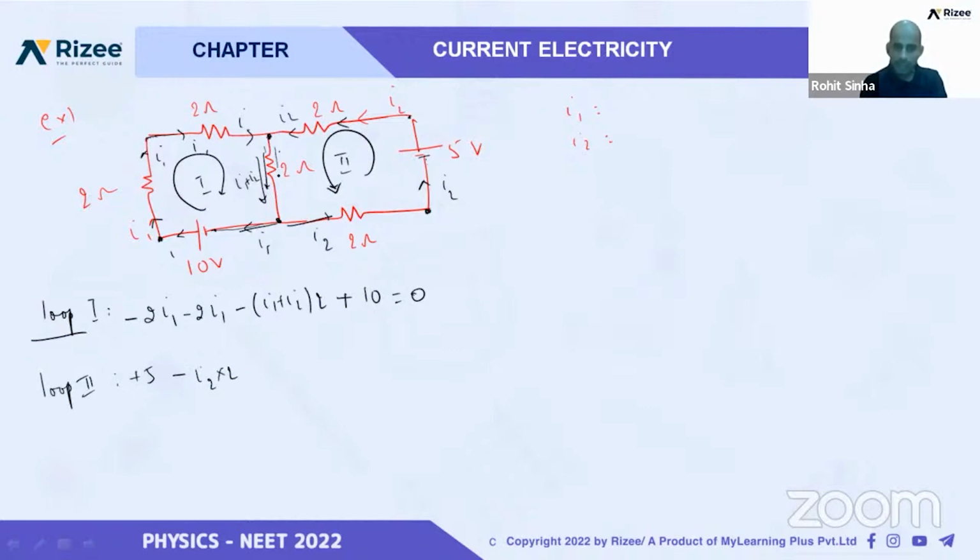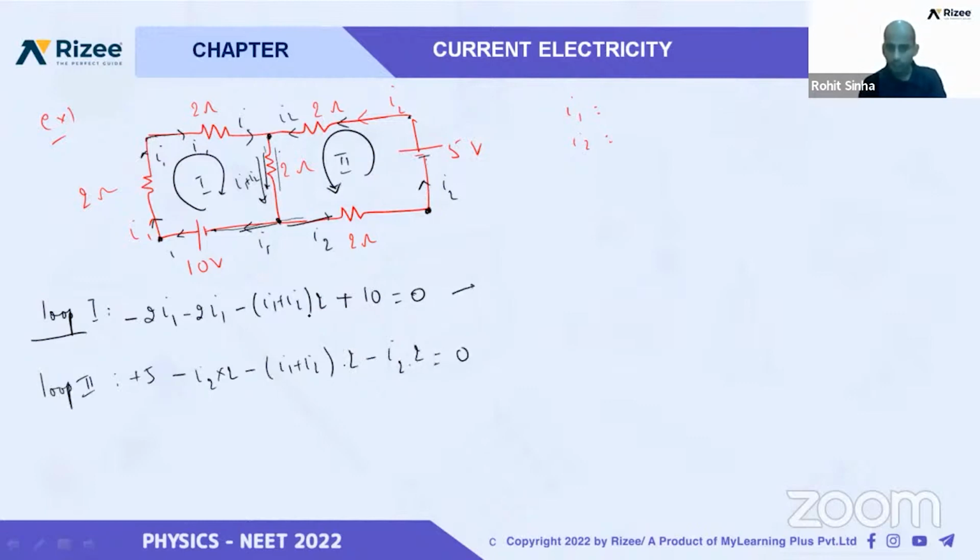In this direction, again the direction of current, that means minus of I1 plus I2 into 2. From here we are moving in the direction of current, that means minus of I2 into 2. We reached here. This is the starting point, so equal to 0.